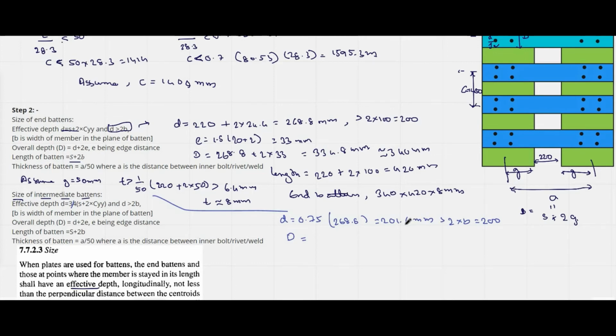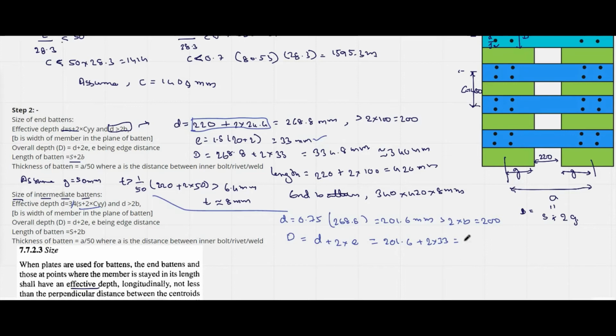Therefore, the overall depth of the member is equal to effective depth plus 2 times the end distance. This value will come to 201.6 plus 2 times 33, where 33 is the end distance which we calculated earlier. S plus 2Cy we calculated here, and I took the value directly from there.